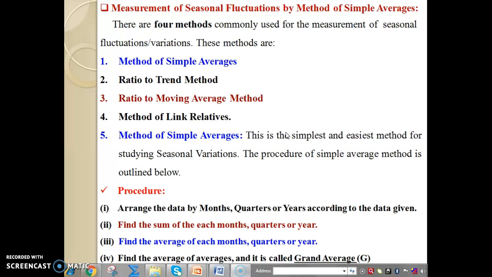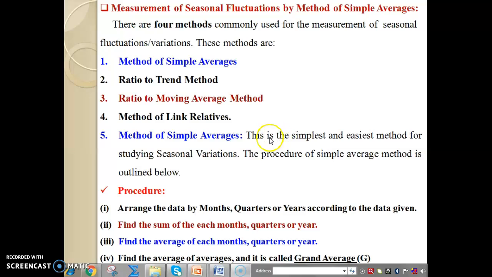That is, the observed value of the series is expressed by Yt equals T plus S plus C plus I, that is trend (secular), seasonal variation, cyclical variation and irregular variation. These are the four important components, and in this method we assume that the trend component and the cyclical component are absent.